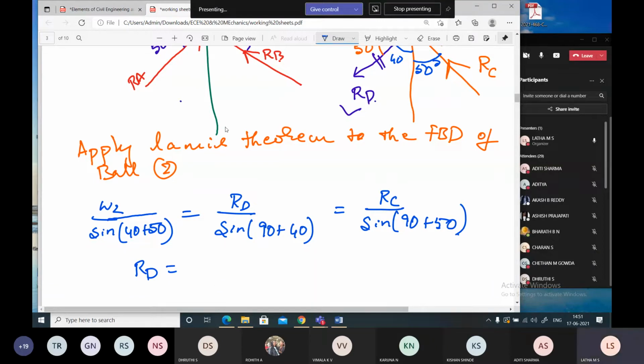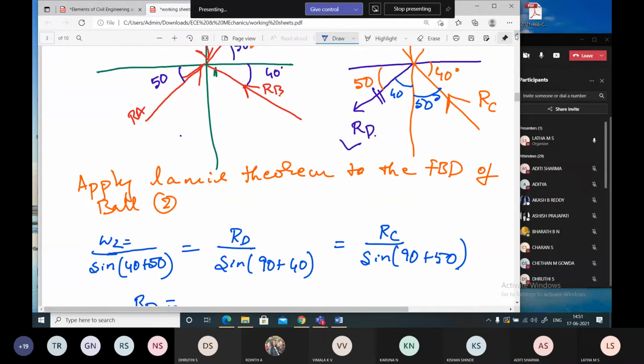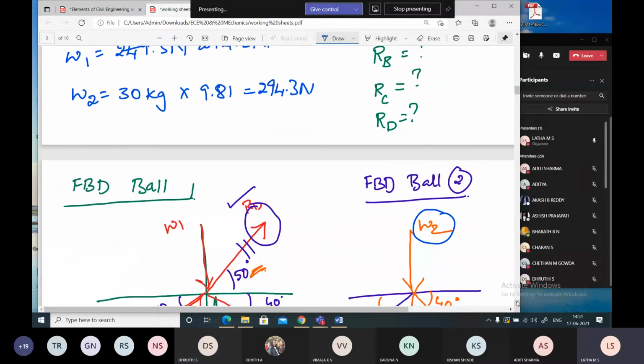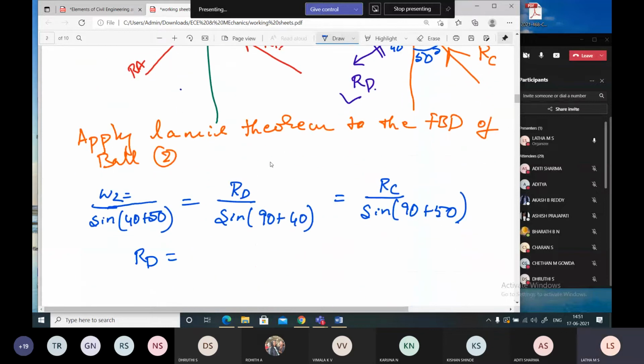Calculate RD. Take the value of W. What is the W value? 294.3. RD is 225.44 Newton. Similarly, what is RC?